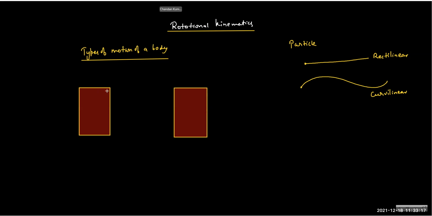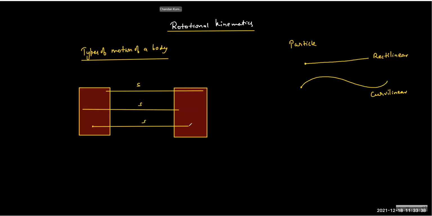So this point, if we choose some random point, will travel here, but this point will travel here. So no matter which point you choose, all will suffer equal displacement.